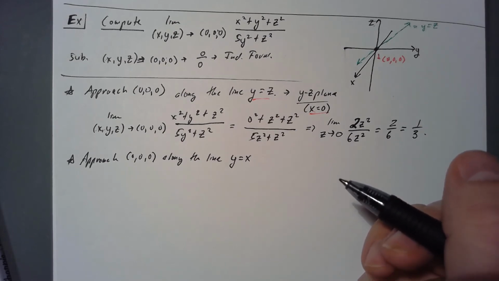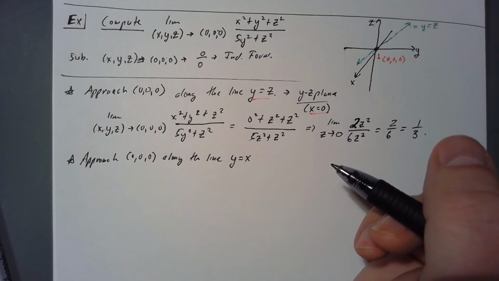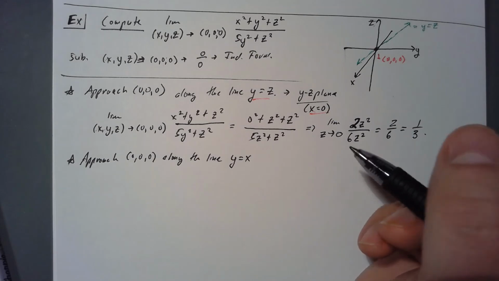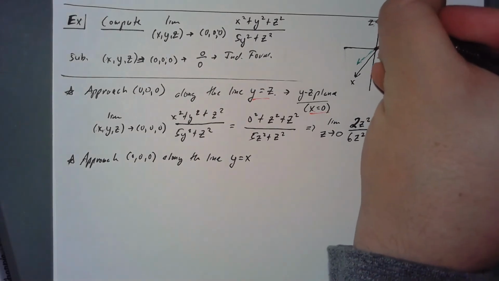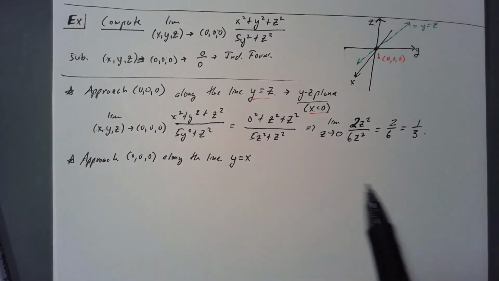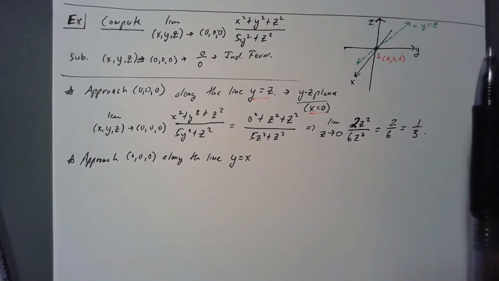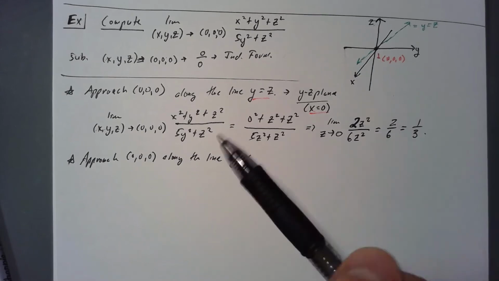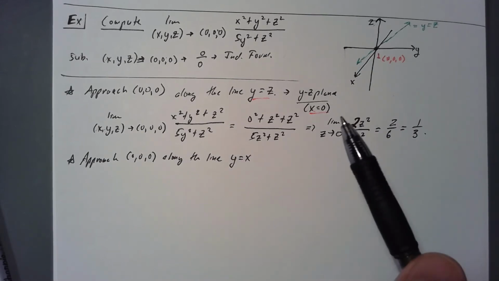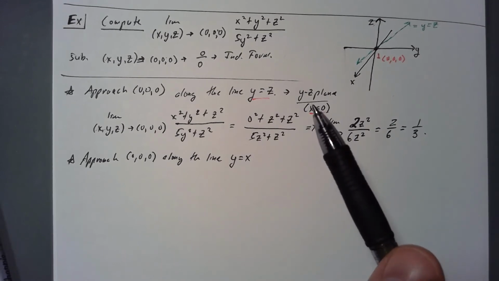Or better yet, actually, let me rephrase what I was going to say. I'm sorry. It's not that I can't do that. You could certainly try it. There's nothing wrong with it. I just want to try and be as efficient as possible with this example.